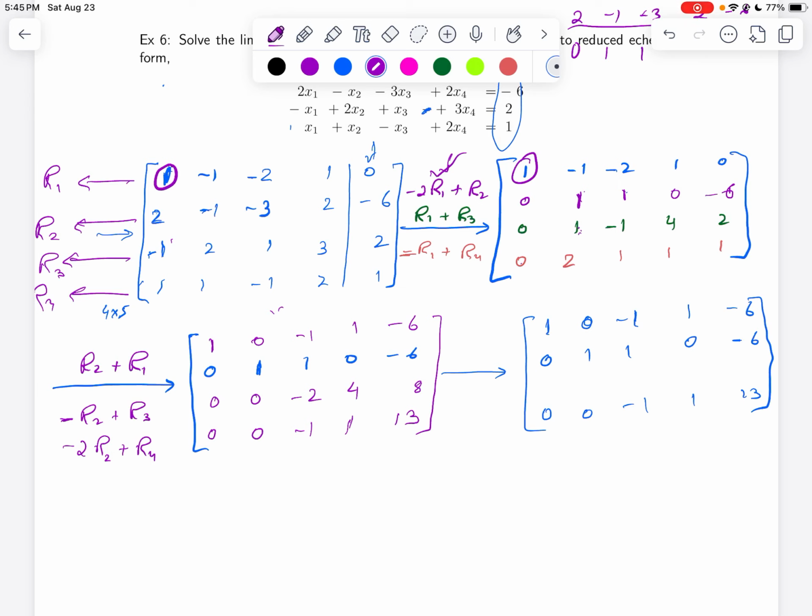And what is that? That is a 1, so we don't have to worry about it. It's already a 1, so we are good. We have our pivot there. Now we have to decide how to use the pivot. Okay. So our pivot is over here now.